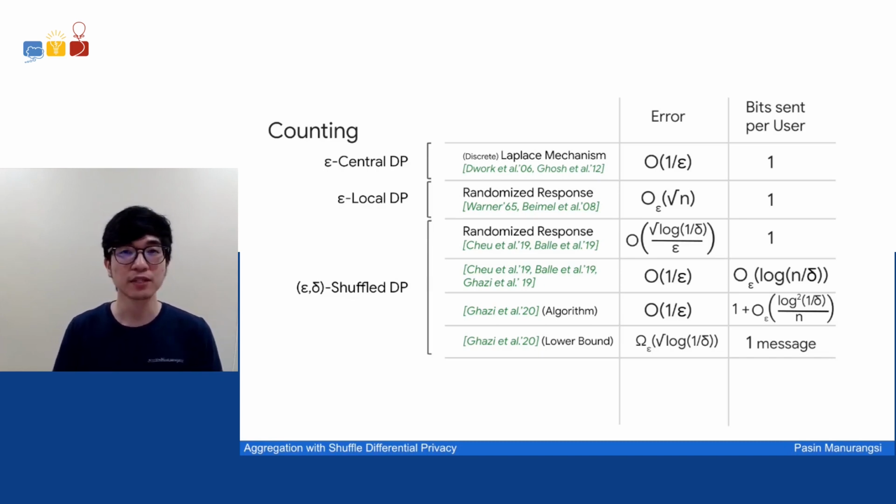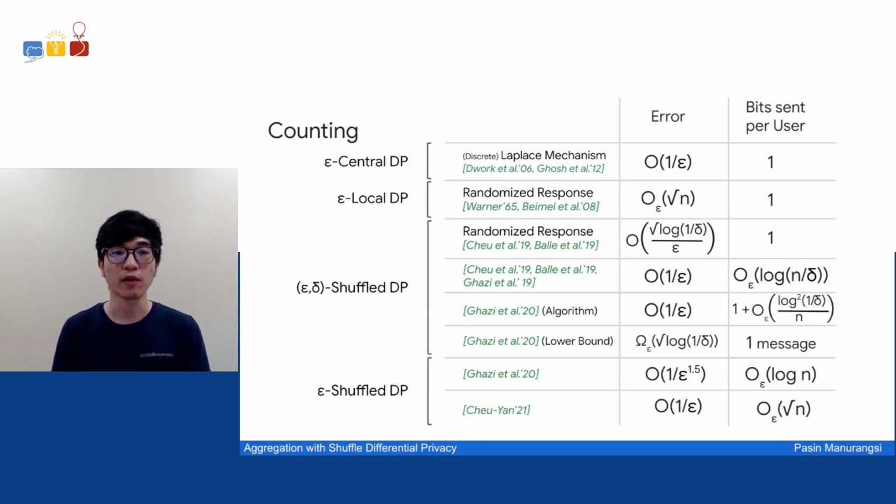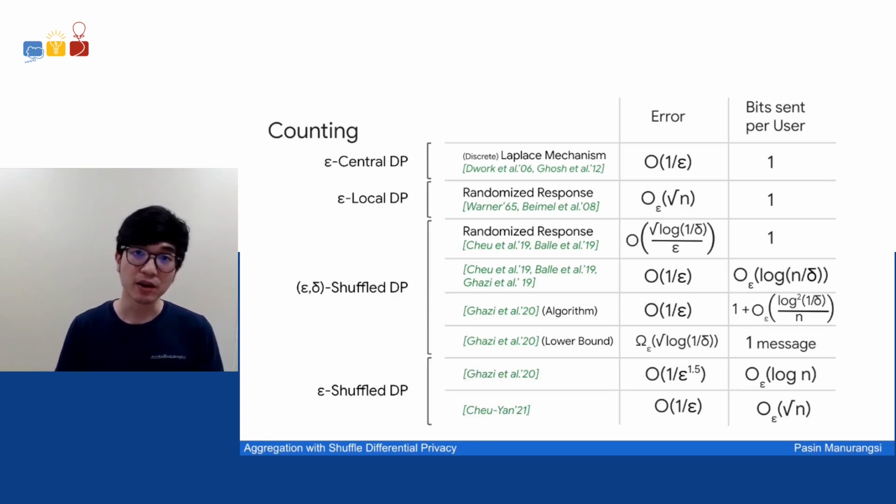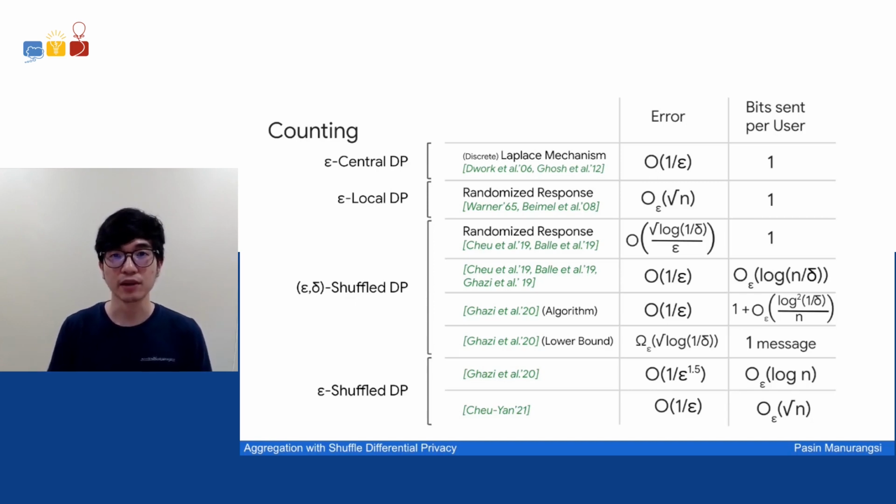Now, I would also like to mention that even though all the algorithms we discussed so far have delta greater than 0, there are also works that show that you can get a good counting algorithm with delta equals to 0 as well. But these algorithms are a little bit less efficient.